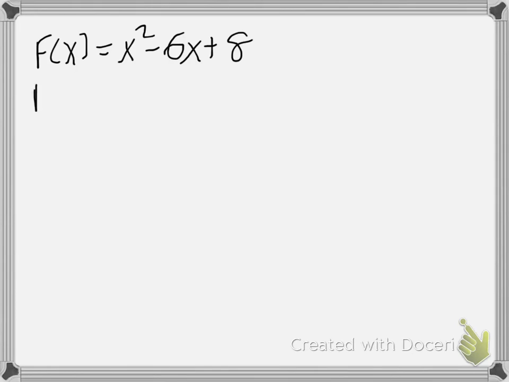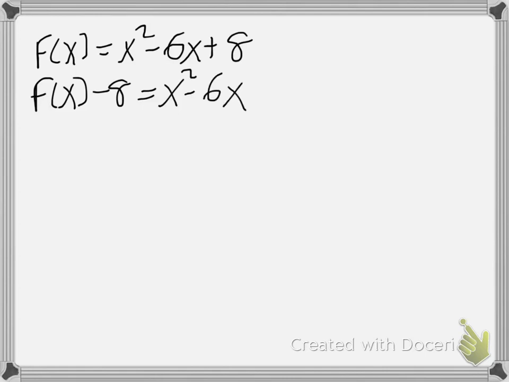So let's go ahead and do the first problem that's written there for you together. So we have f of x is equal to x squared minus 6x plus 8. First thing we want to do is move this 8 to the other side. So I'm just going to keep it f of x minus 8 is equal to x squared minus 6x.